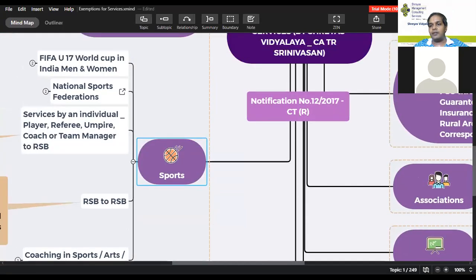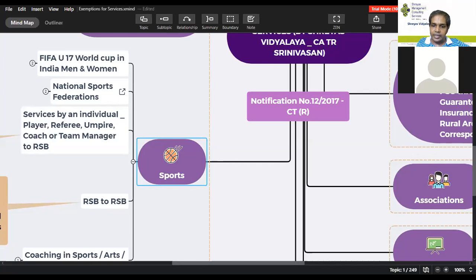One is the FIFA World Cup that happened in India. I'm not sure how many of you are aware of it. The FIFA Under-17 Football World Cup happened in India in 2017. So whatever services are provided by FIFA, the International Football Federation, or provided to them in relation to this World Cup, are exempt. The men's was in 2017, and the women's was supposed to happen in 2020, but because of the situation it's not happening.